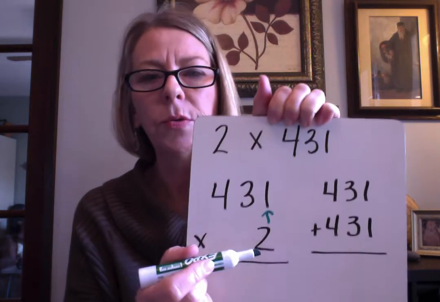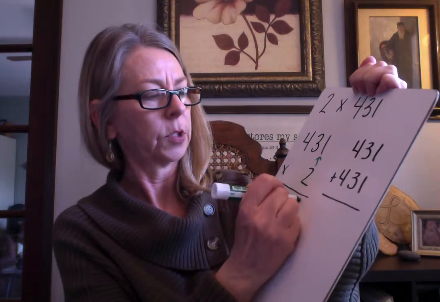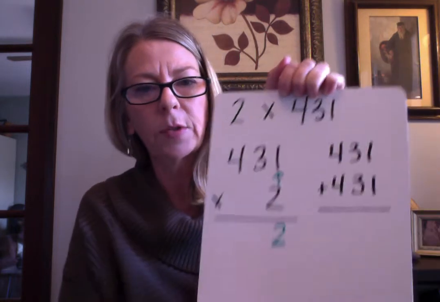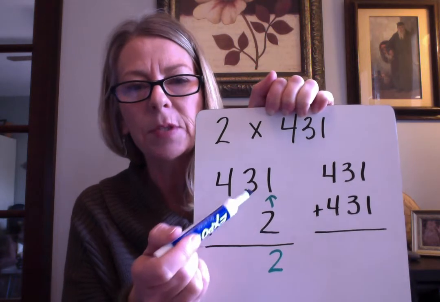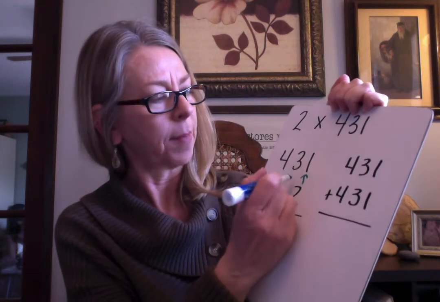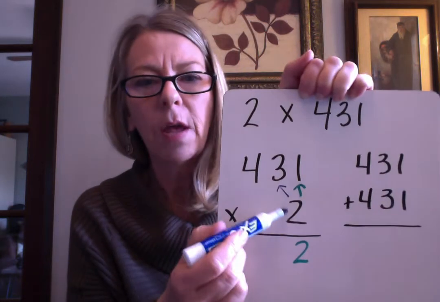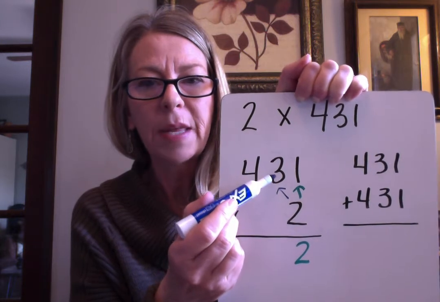So I'm going to draw a little arrow here. 2 times 1 equals 2. Good. All right, so the next step is to take our multiplier, same multiplier because it's two sets of, right? Now I'm going to multiply my tens place. Remember, that's the pattern we learned yesterday. So I'm going to draw an arrow from my multiplier 2 times the 3 in the tens place, okay?